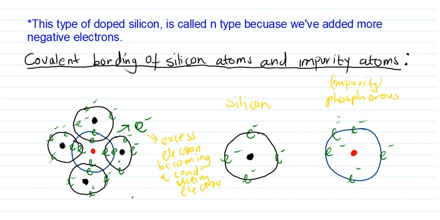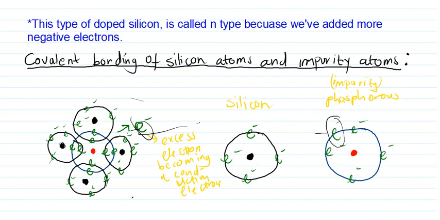Let's assume that this one has no bonding partner. It will be forced to move into the conduction band. As you can see, the other four have bonding partners.